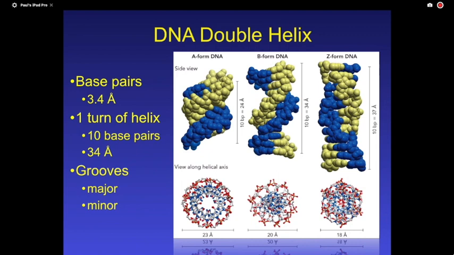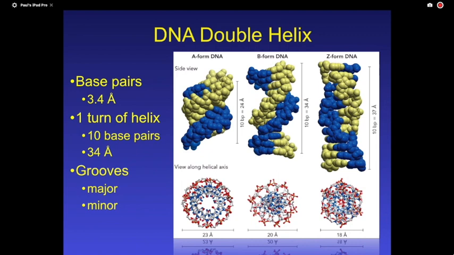The B form is probably what we understand to be the most biologically active. We have something called the major and the minor groove, okay? As we see this corkscrew, like the thread of a screw as you go up, you have this big bend here, the major groove, and this little one here, the minor groove. These grooves are important because now we know proteins recognize either major or minor grooves and bind to them specifically.